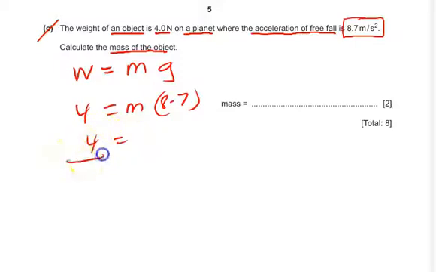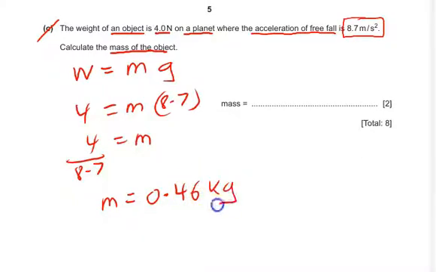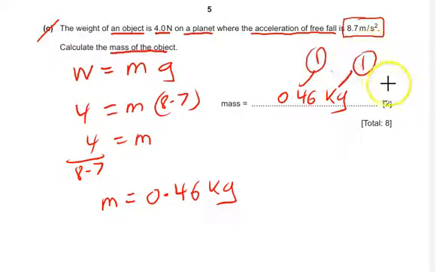We just have to divide this, 4 divided by 8.7. We're getting about 0.45977, which is about 0.46 kg. Take note, the value is 1 mark and the unit is 1 mark. Make sure you write the unit here. So this is 2 marks. Total mark for this question is about 8 marks. We move on with the next question.